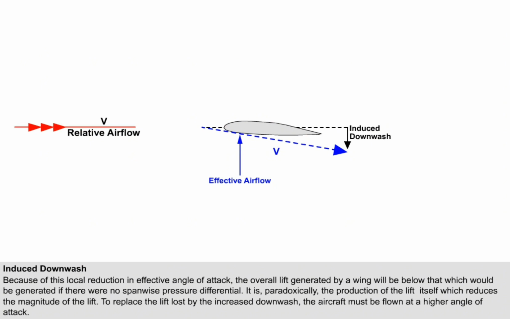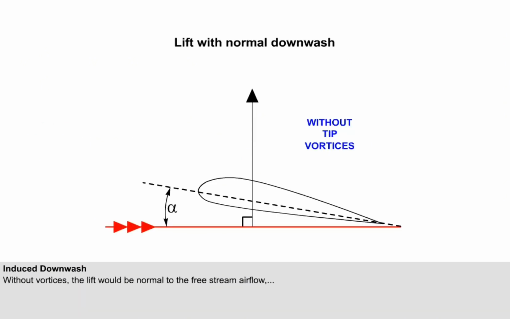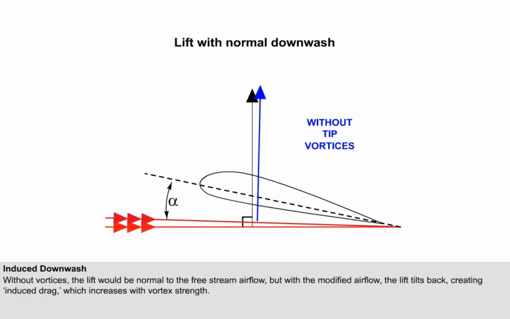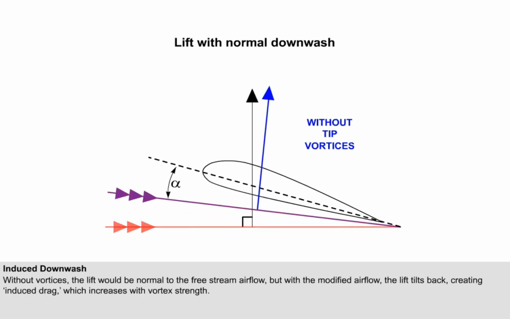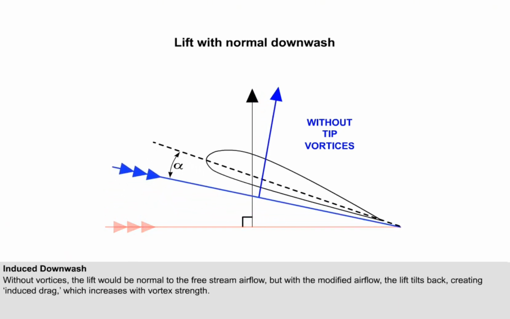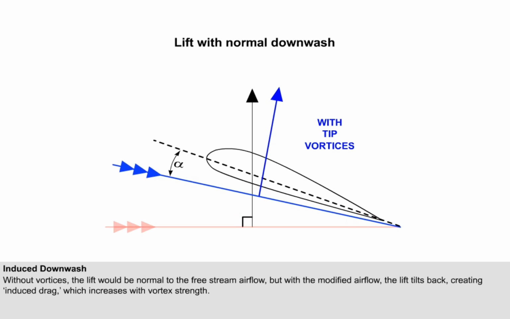To replace the lift lost by the increased downwash, the aircraft must be flown at a higher angle of attack. If the vortices were absent, the lift vector would be at a right angle to the free stream relative airflow. But with the effective airflow created by the vortices, the lift vector is tilted back and creates drag, known as induced drag.